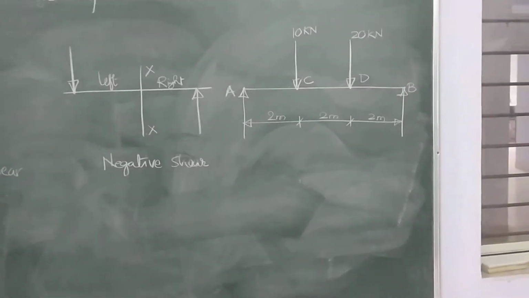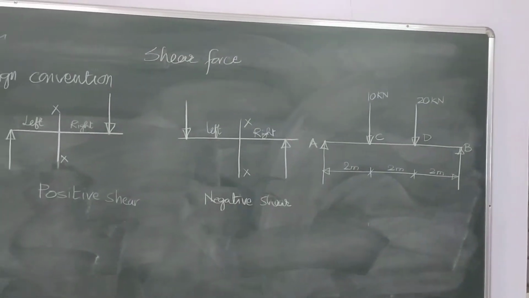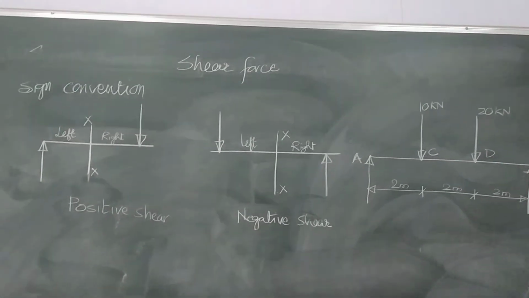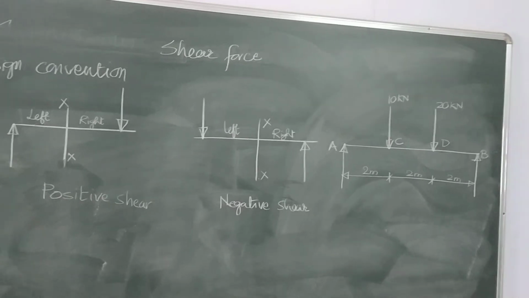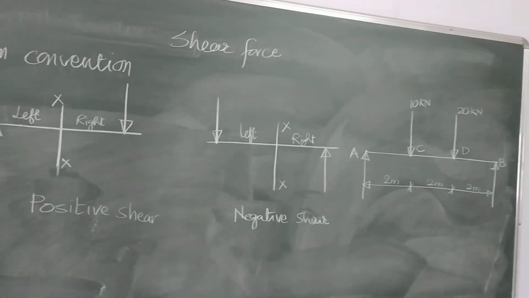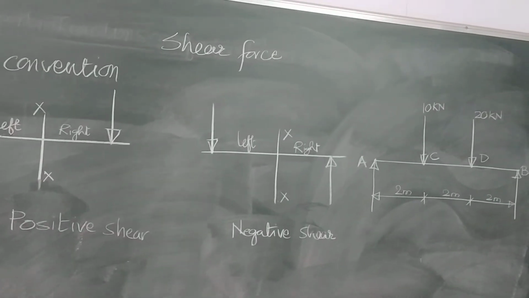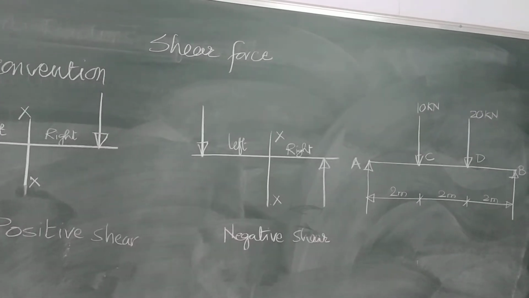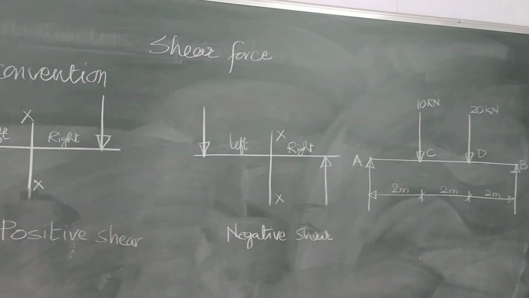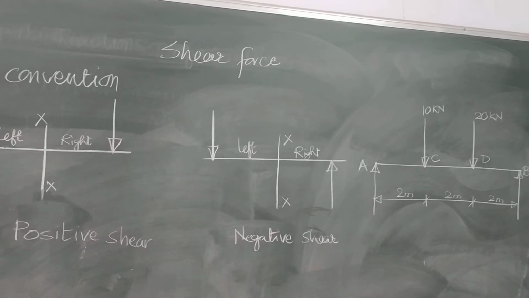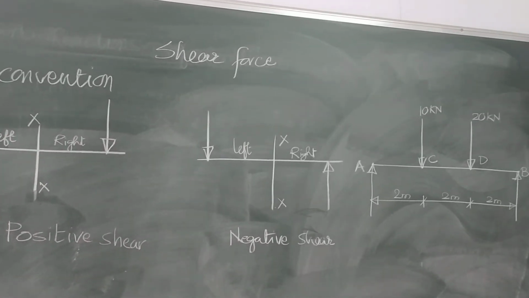So, friends, our first step is to find out support reactions RA and RB. We have studied in case 1 simply supported beam with point load. So, let us now study how to find reaction for this case.